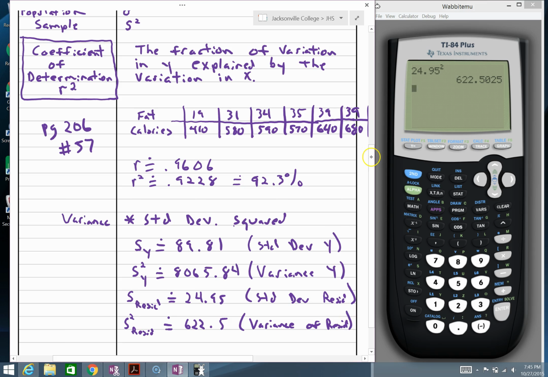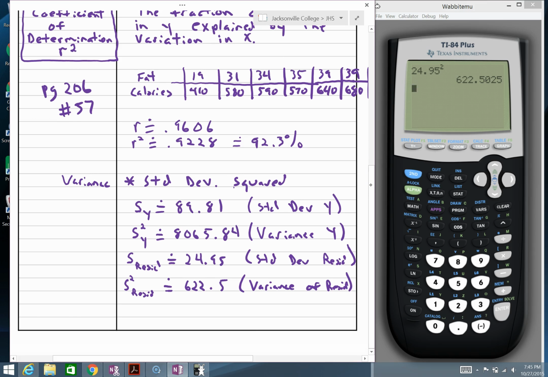Okay, so what's the big idea here? Well, I'm going to look at two values. This one and this one. This number here is the total variation in y, 8,065.84.